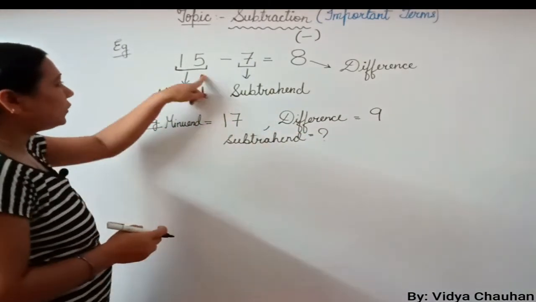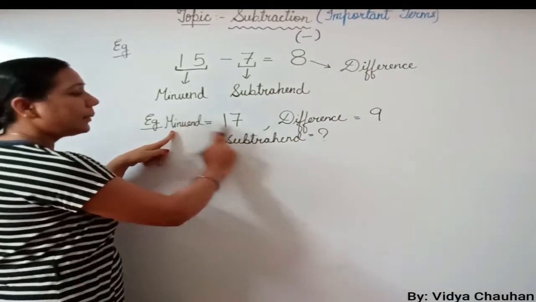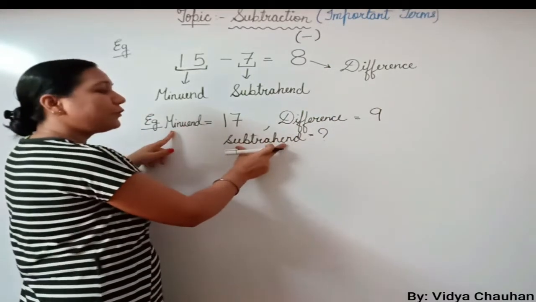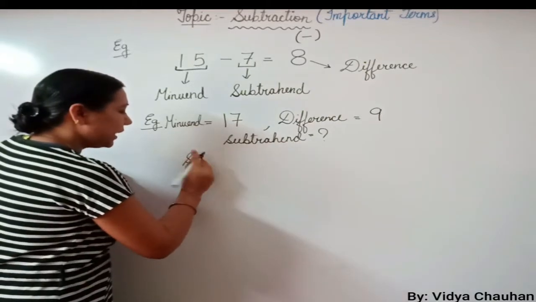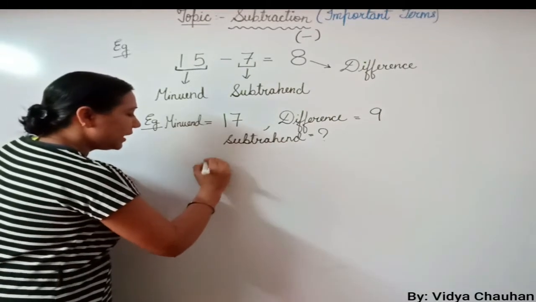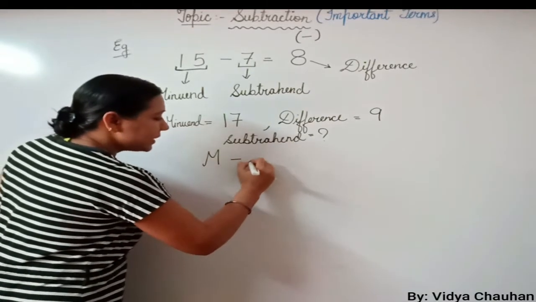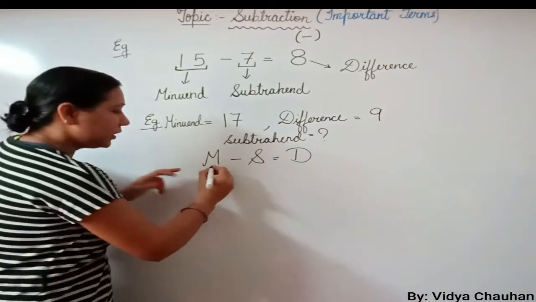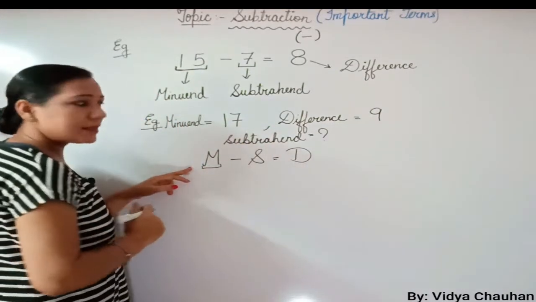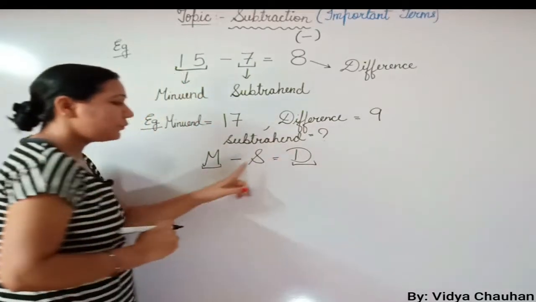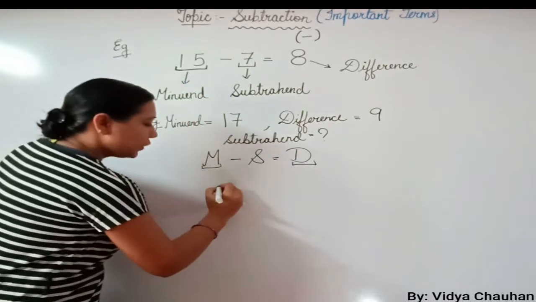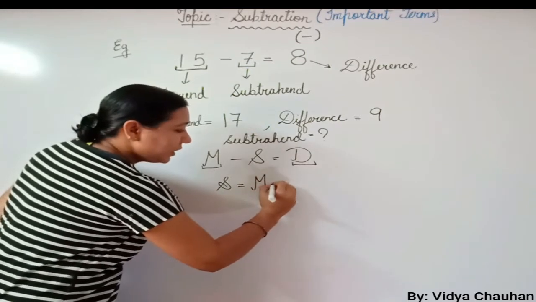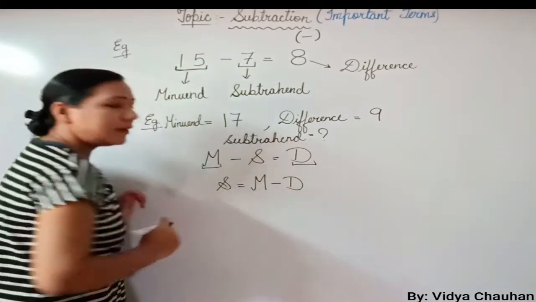According to the formula, minuend minus subtrahend gives the difference. But if you have to find the subtrahend, then it will be minuend minus the difference.